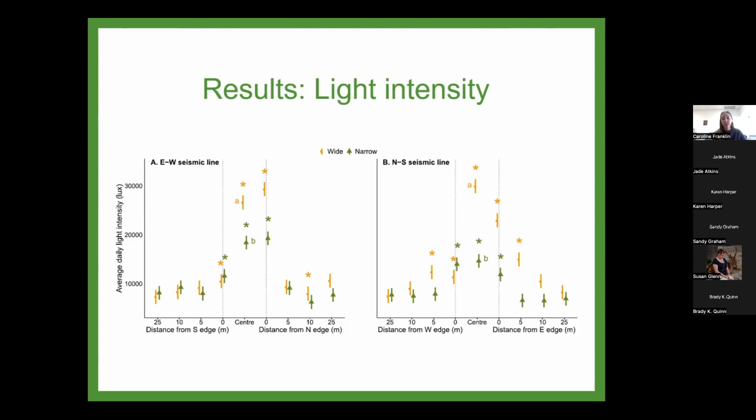And of course, here we see that the edge effects are extending into the forest on the north-south seismic line. If we look over at the plot on the right-hand side, the seismic line that was oriented north-south, we see that the edge effects are extending 5 meters into the forest here. And again, the light intensity is highest in the middle of the line for the wide seismic lines and the narrow seismic lines here.